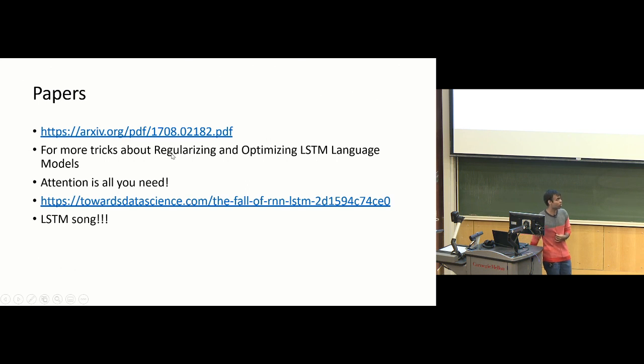You'll be using this in your homework 4 and actually in homework 3 also to get good results, because tuning your LSTM networks is really difficult. So it's good to read through this paper. You'll see different dropouts, for example, and the best ways of optimizing LSTMs. Attention Is All You Need is a really popular paper, so you can go to that also. And now David will pick up the code.